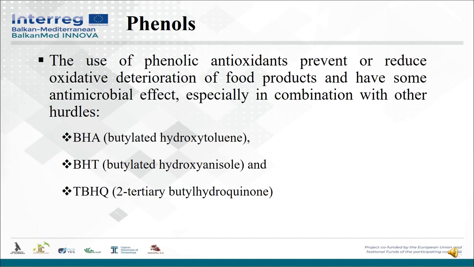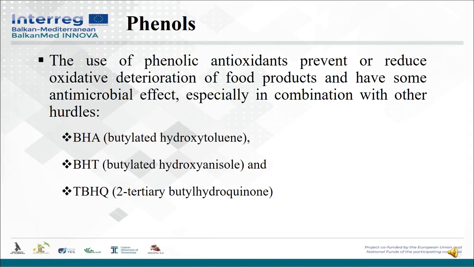Phenols as hurdles: we can say that the use of phenolic antioxidants is well known in order to prevent or reduce oxidative deterioration of food products. They have some antimicrobial effect, especially in combination with other hurdles, such as butylated hydroxytoluene, butylated hydroxyanisole, and 2-tertiary butyl hydroquinone.